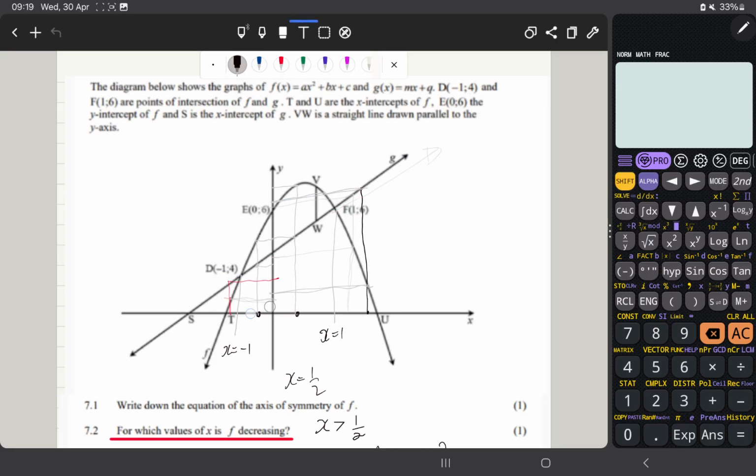This is VW, and I am asked to calculate the maximum length for VW. Okay, let's pause and think about it. It seems a bit tricky. Let's pause and see where the tricky part is.